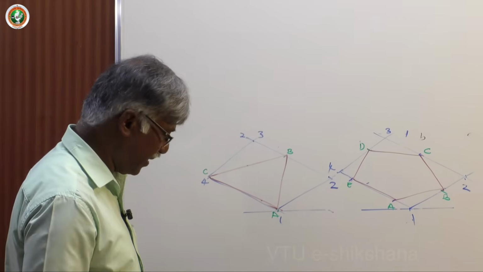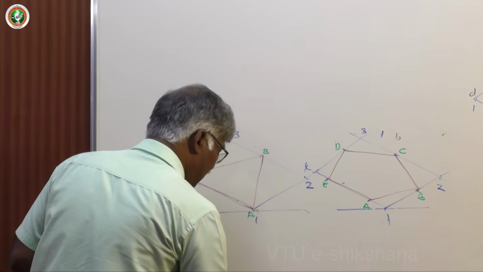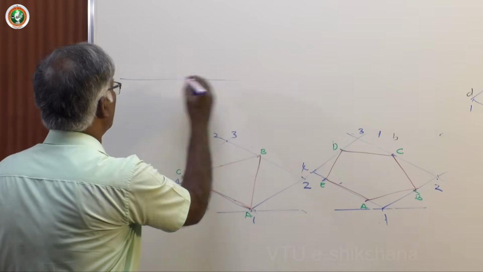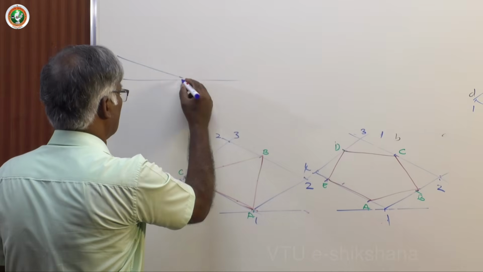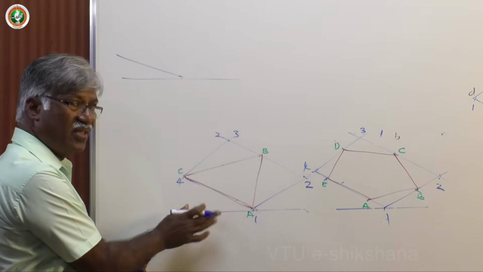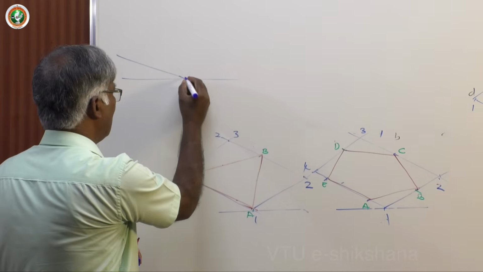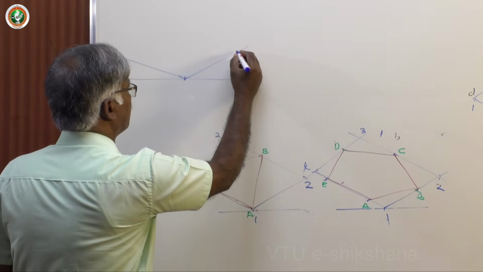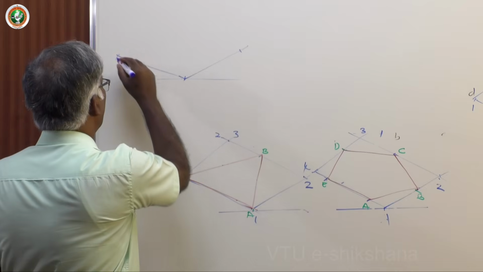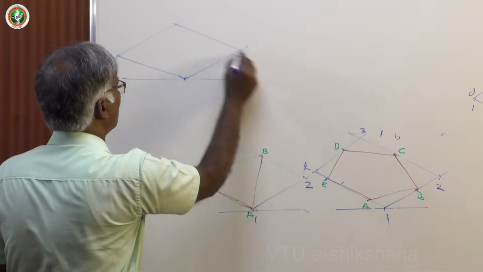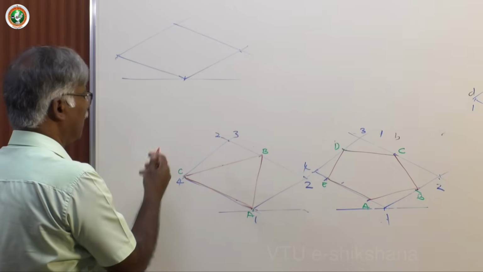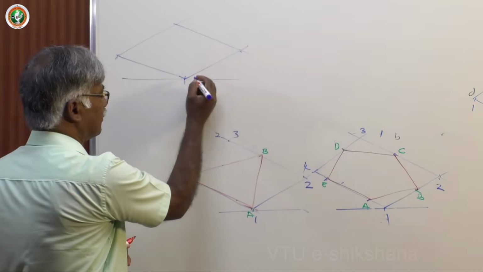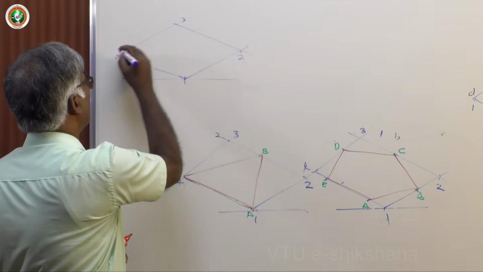Now let me create one more figure. Here, this is 1, 4. Let me take this as a reference and start working. Easy for me, also for you to understand. 1, 4, 1, 2. Rectangle, and then draw parallels. Keep this as 1, 2, 3, 4. 1, 2, 3, 4.